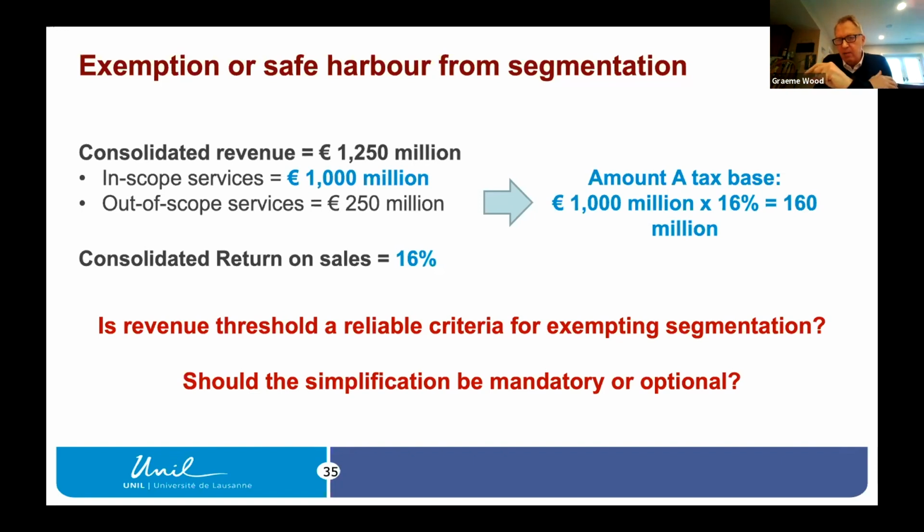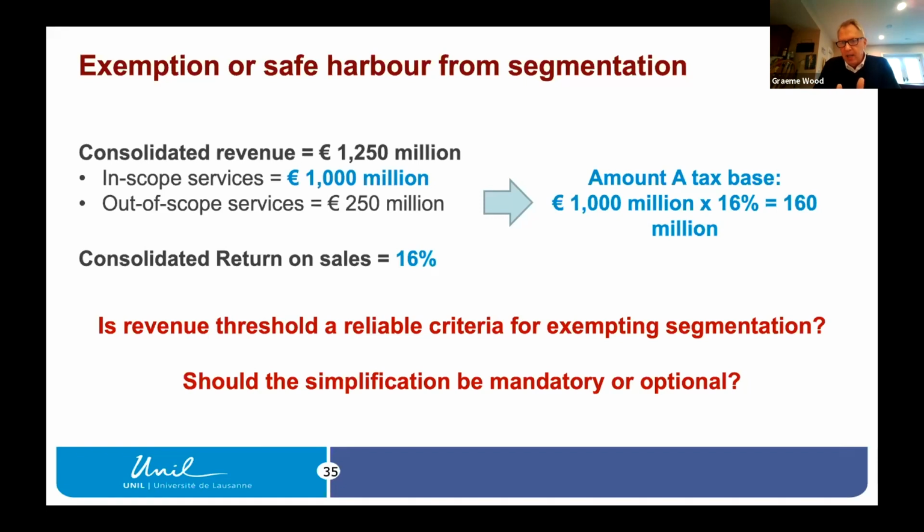How you define that and what the differential in profitability is, I'm not sure, but I presume there must be at some point a line to be drawn where it doesn't make any sense for a company to opt for segmentation because there isn't a material distortion, and at the same time it doesn't make any sense for it to be mandatory because the material distortion, from a tax administration and revenue allocation perspective, is so small.